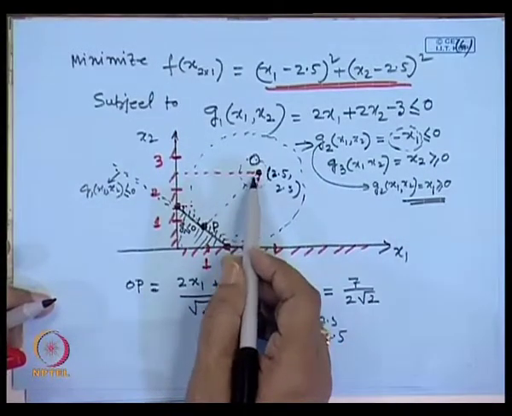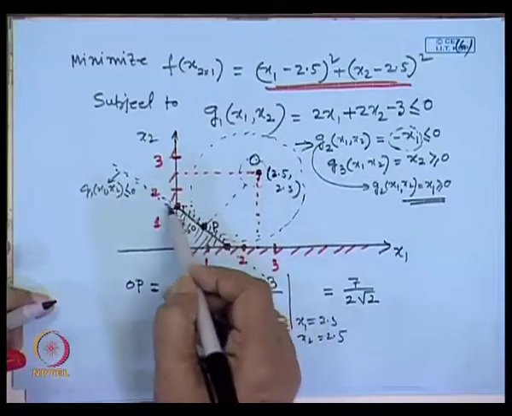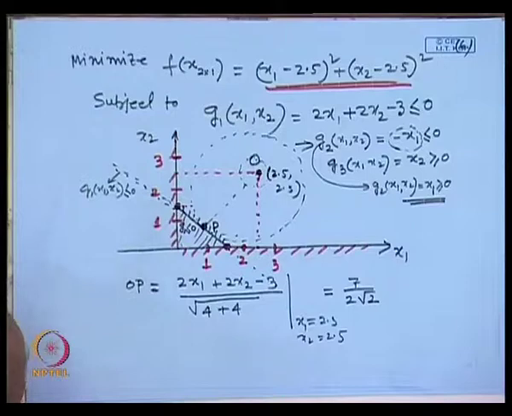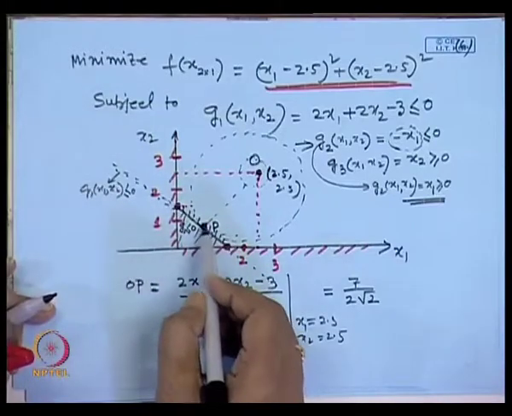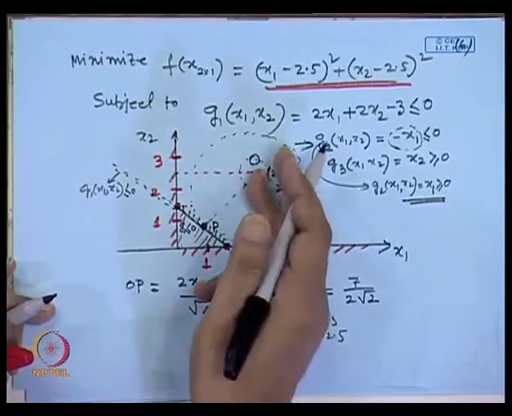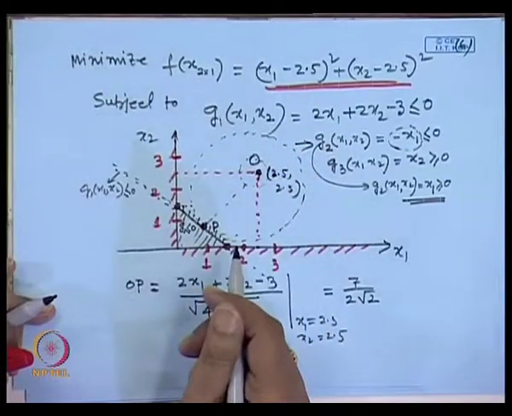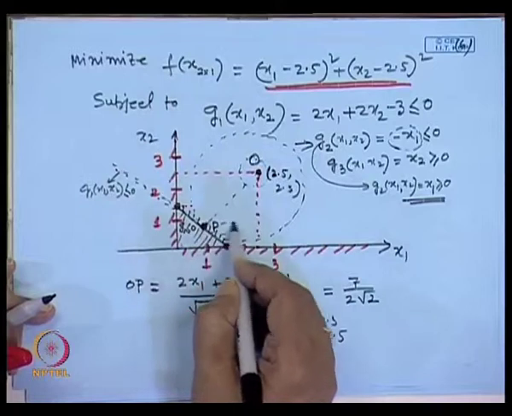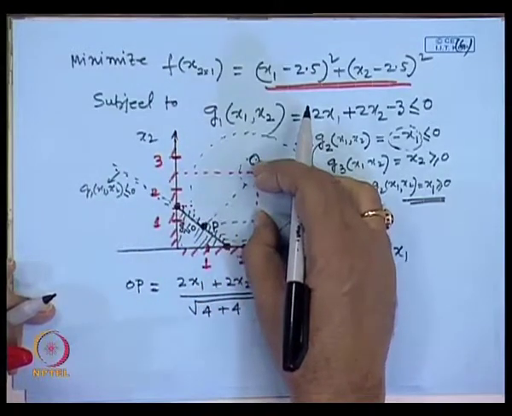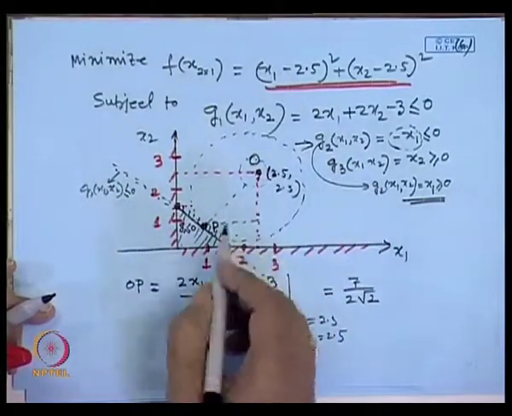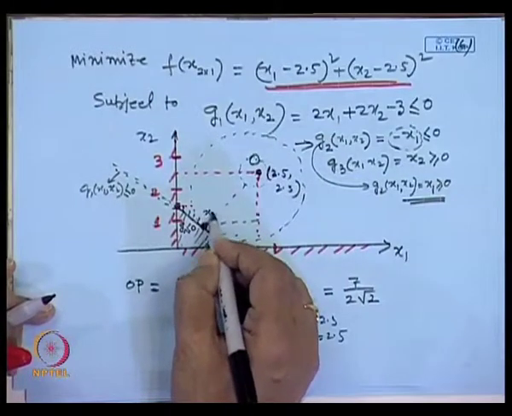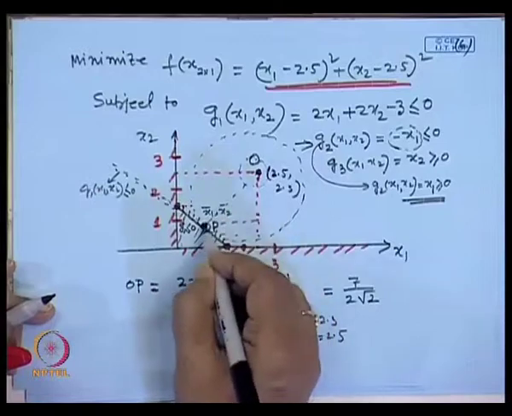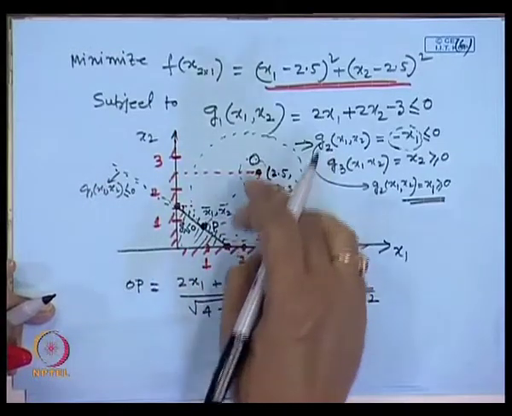Now, this line OP and this straight line are perpendicular to each other. Agree? You can also easily find the slope. If you draw this, this coordinate you do not know, let us call it x1 bar and x2 bar.